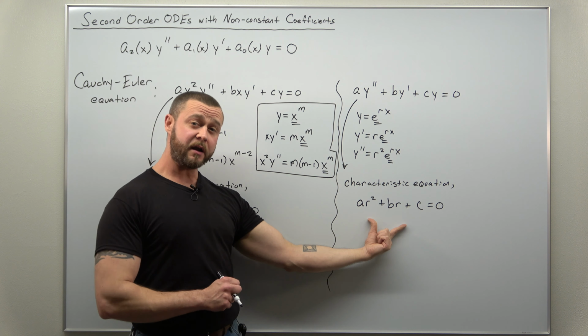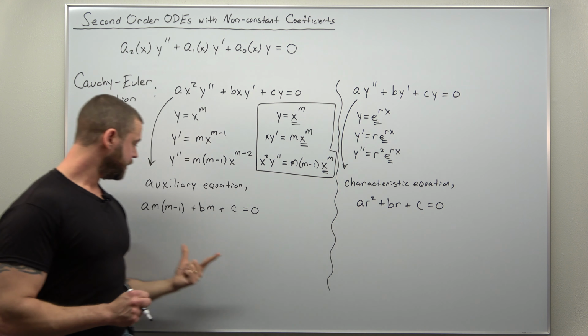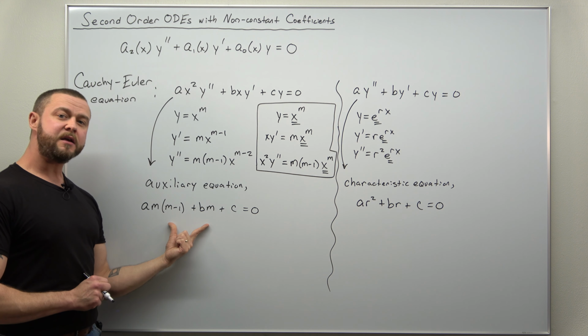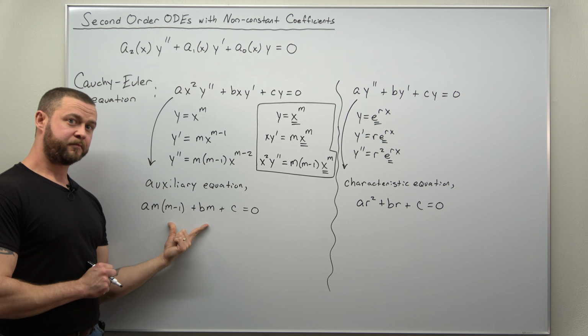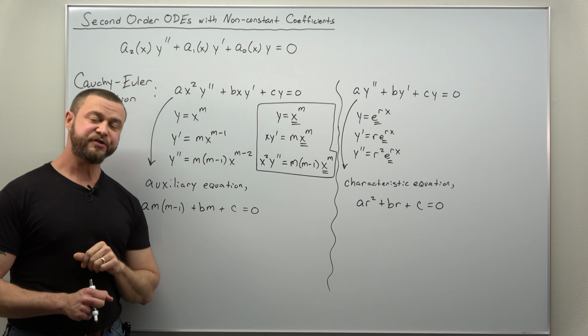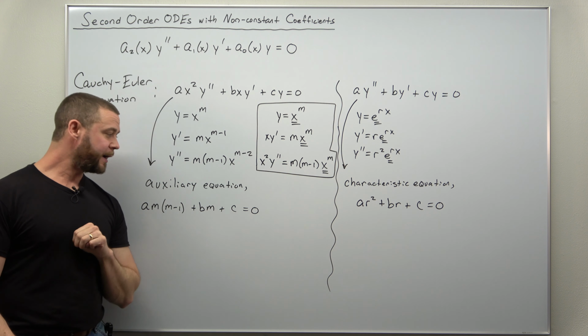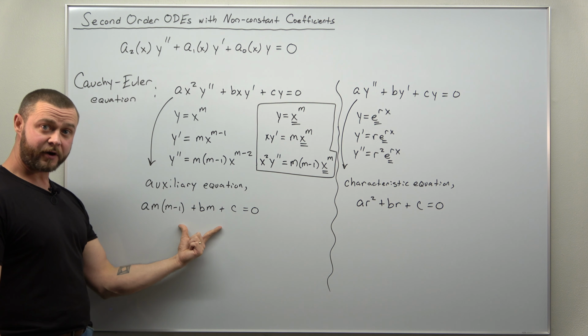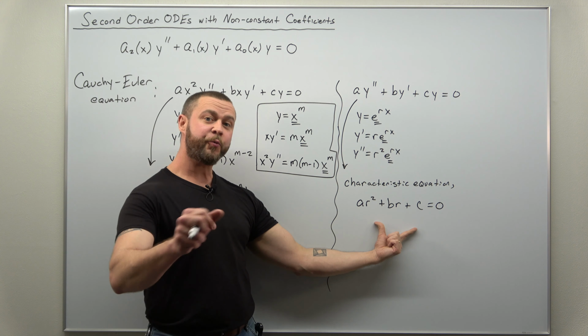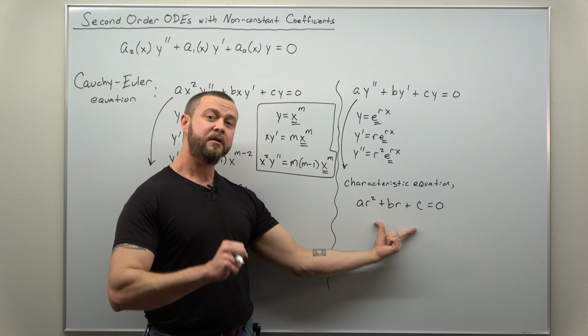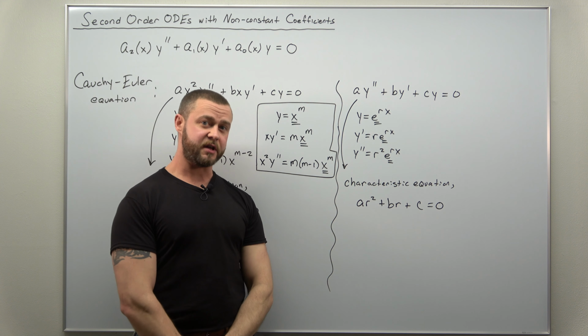Here we have a quadratic equation for r, and here we have a quadratic equation for m. We know how to solve this. Let's go ahead and get to the three different types of solutions that we're going to get for m, just like we had three different types of solutions for the roots of the characteristic equation.